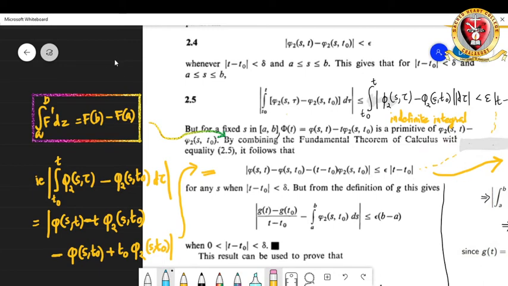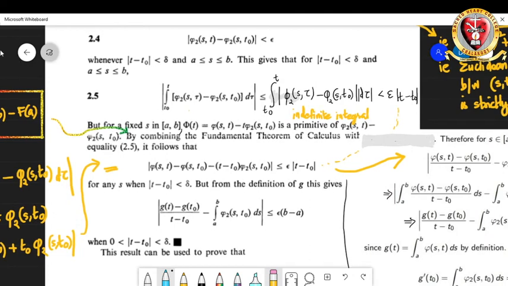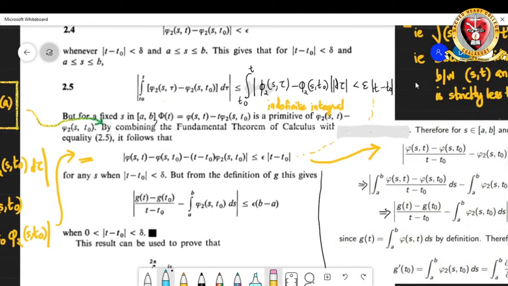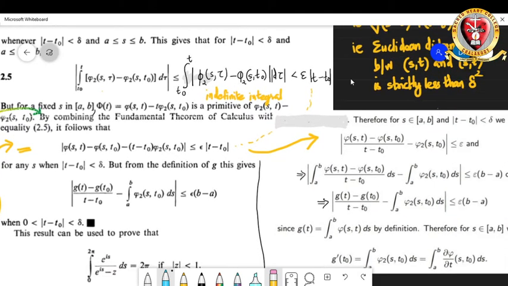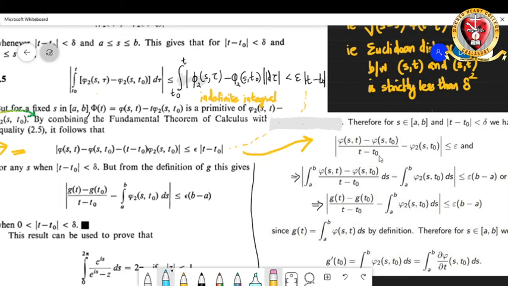And then you divide everything on the left hand side and right hand side by modulus of t minus t naught. So modulus of phi of st minus phi of st naught divided by t minus t naught, minus, the t minus t naught sitting here will vanish, so we have minus phi 2 of st naught, which is less than or equal to epsilon.